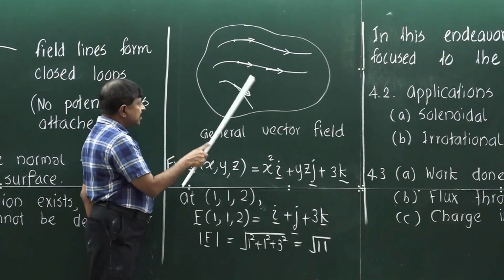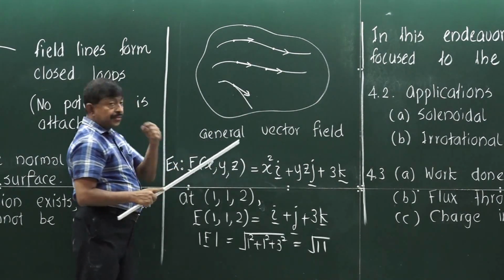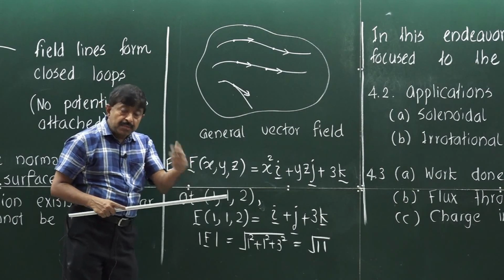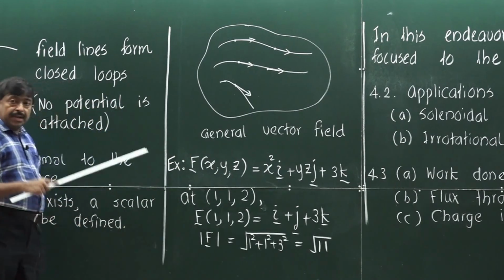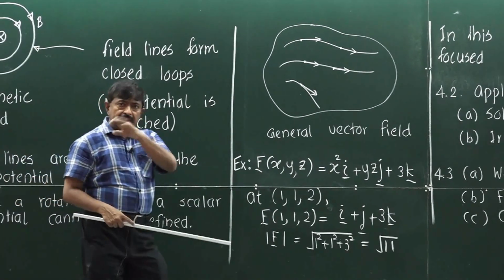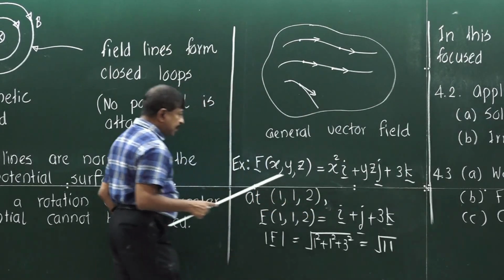Everywhere there is some vector, but the direction may be different, the field strength may be different. That is something called a vector field. In general, it is defined everywhere. Therefore, a vector field can be modeled something like this.